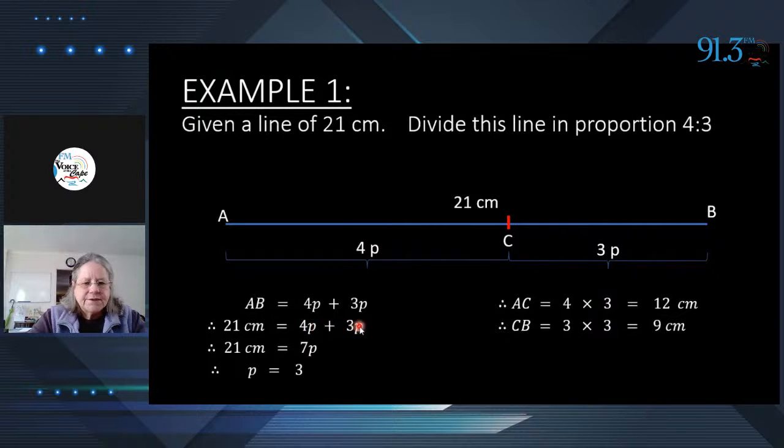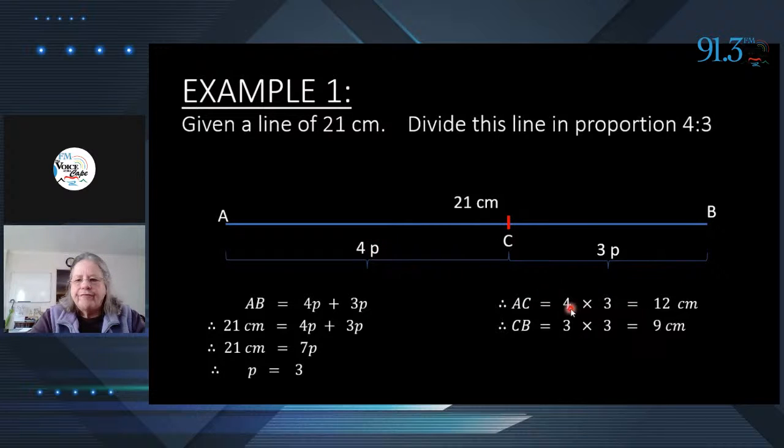Because it's P's, we can add it up. So 21 centimeters equals 7P. So therefore, if we divide by the 7 on this side to get the P alone, P would be 3. So now we know what P is. So we can work out AC. AC is 4P.